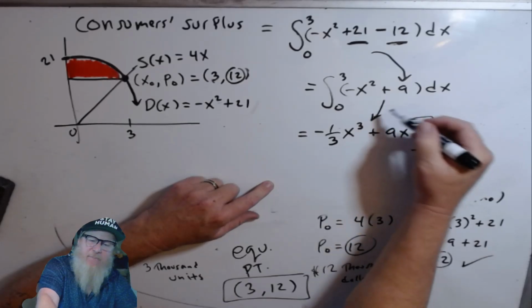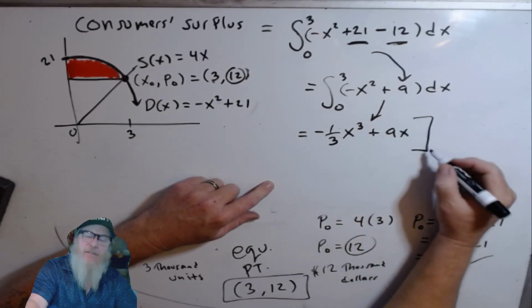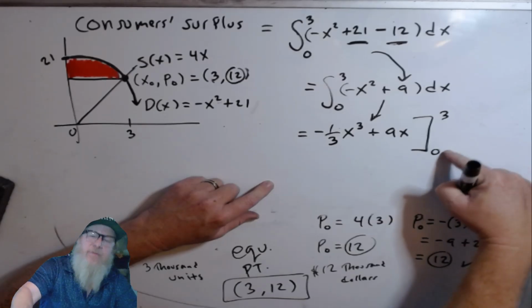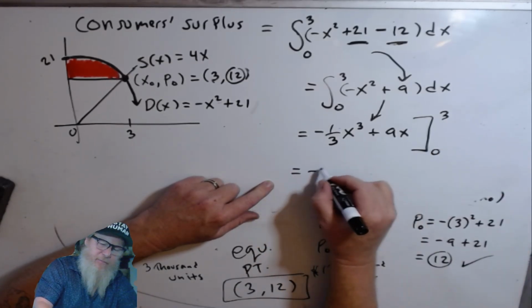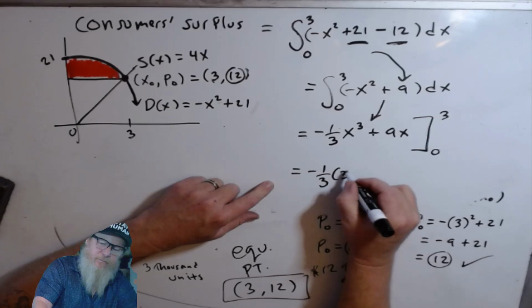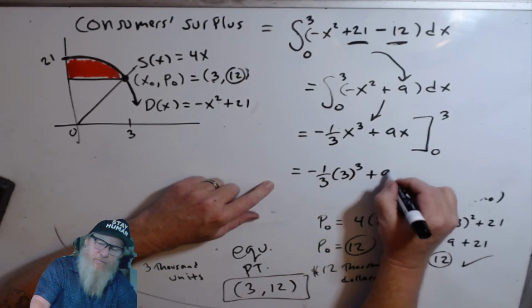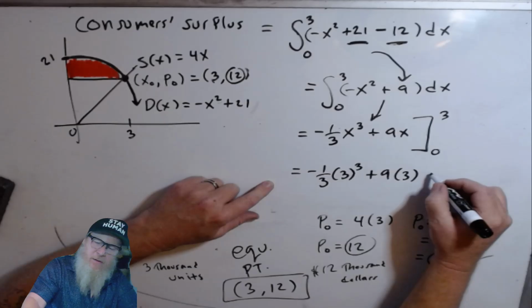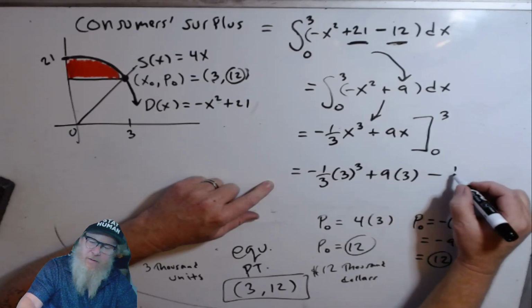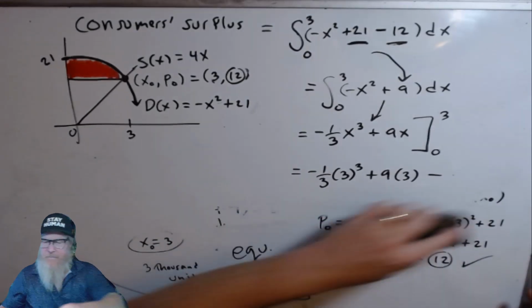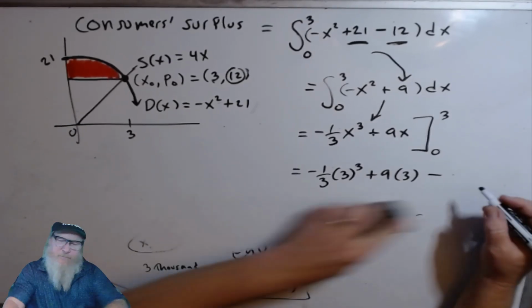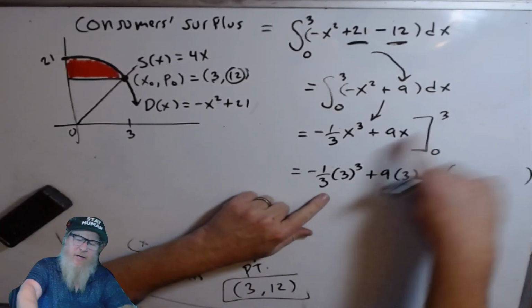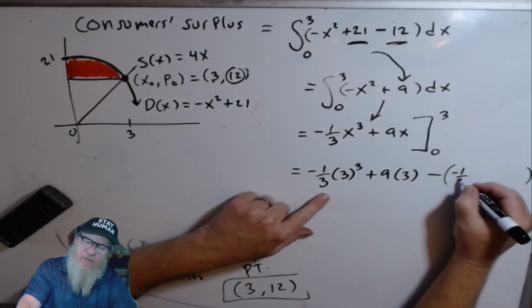That one step. The antiderivative. And then evaluate that between 0 and 3. So plug in 3 first and then plug in 0.